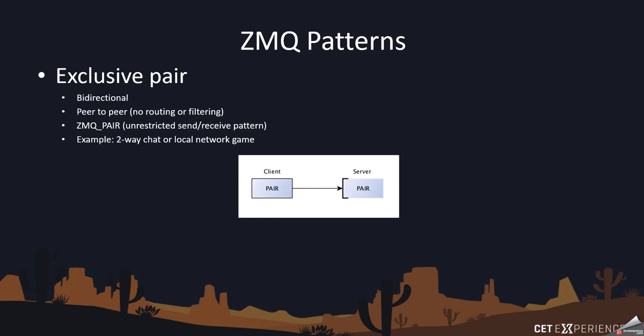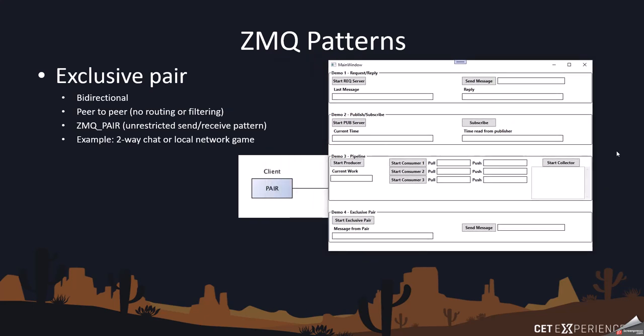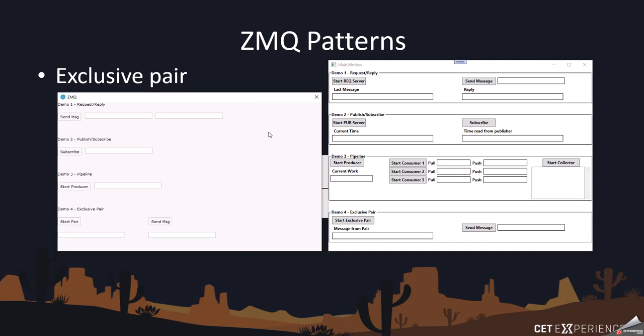So let's show that. Here's our C# code, and let me get the CM window over there. So I'm going to start the exclusive pair pattern on both sides.